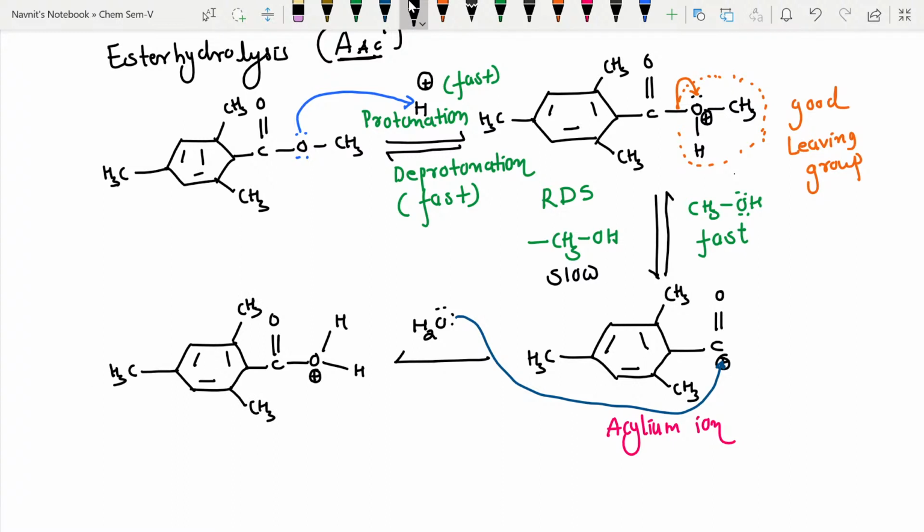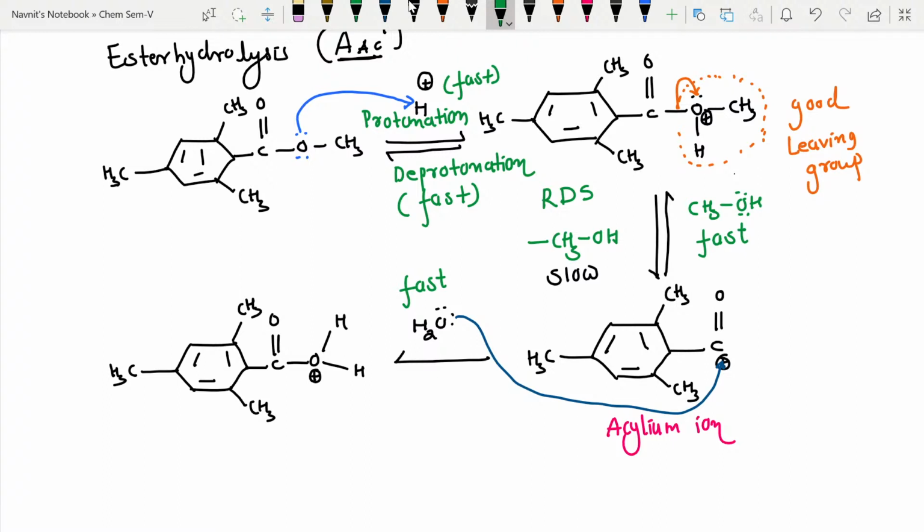What will be the reverse step? So the attack of a water molecule on this carbocation is always fast, similar to here. So this attack is fast, because we also discussed that the attack of methanol on this carbocation is fast. So this is a fast step. But what happened in the backward reaction?